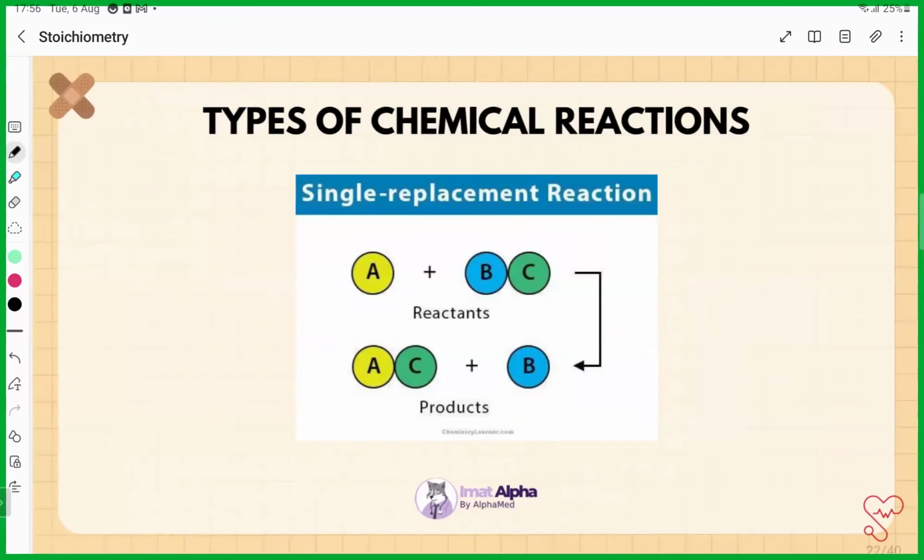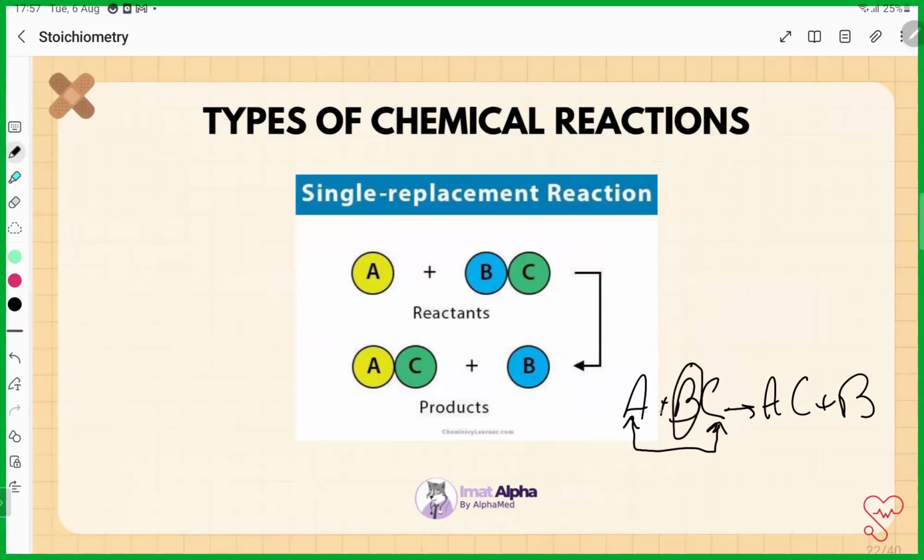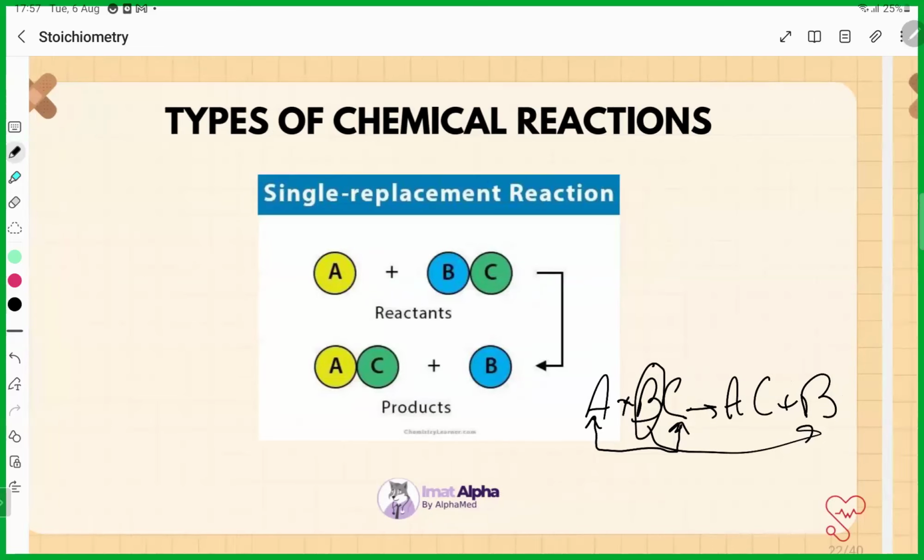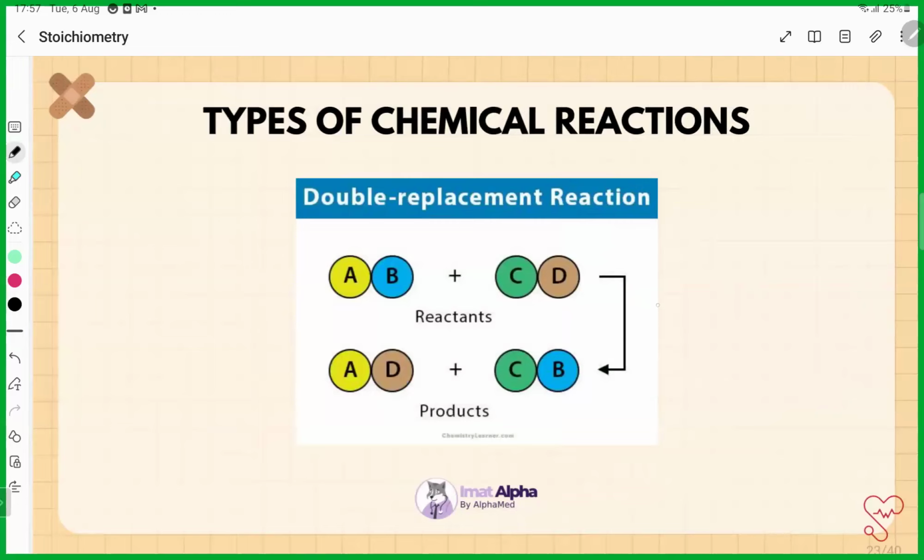Single displacement reaction means A plus BC gives AC plus B. The first one and the last one go together, and the one which is after the plus goes to the side. Double displacement reaction is the first one and the last one together, and the second and the third; memorize it this way. This is double displacement.